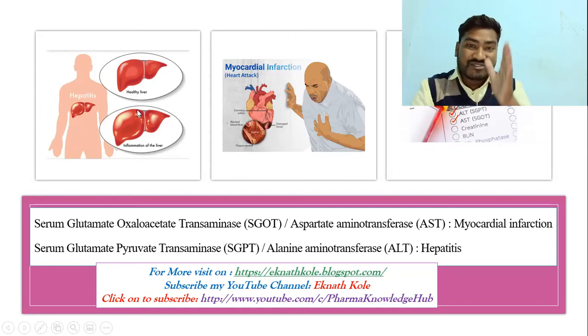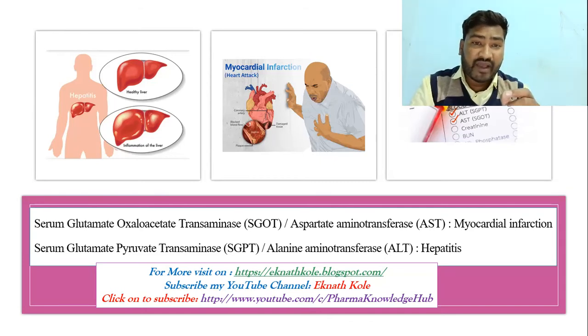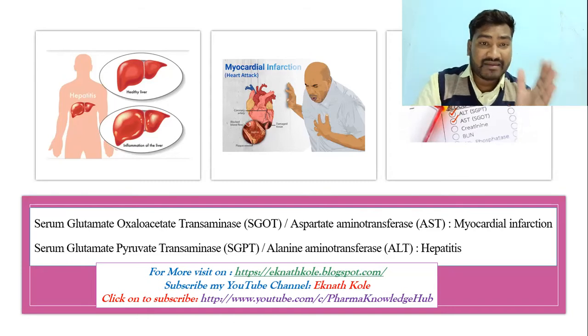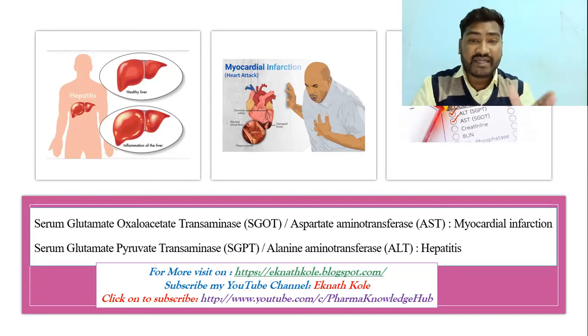Okay, so if the SGPT is enhanced or elevated in that person's body, it will be useful to identify this. It acts as a marker enzyme which can indicate that the person is suffering from hepatitis or myocardial infarction.